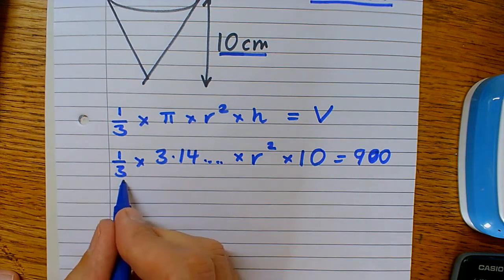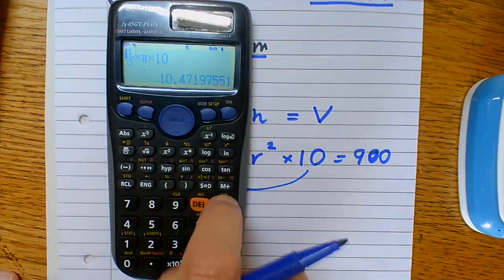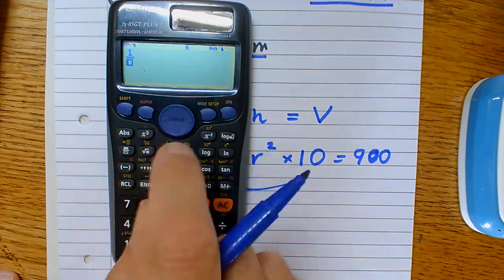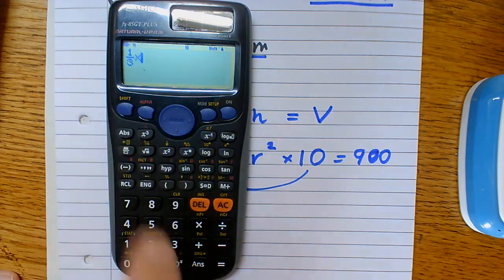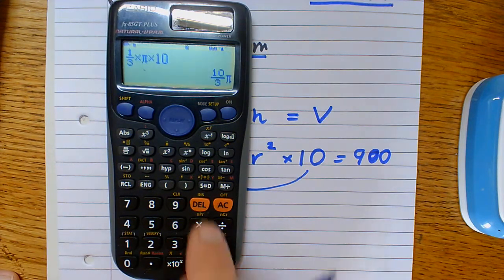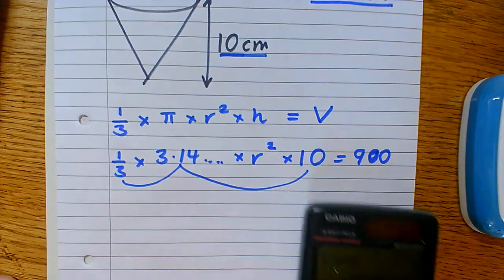We can tidy up a bit by multiplying the numbers on this side together. So we'll do that now. 1/3 times pi times 10 gives us that, which is 10.4, right, so we'll keep that number in the calculator.